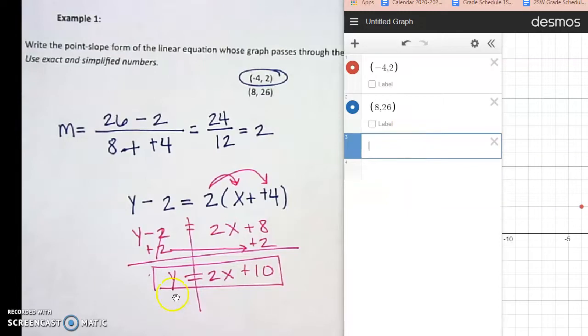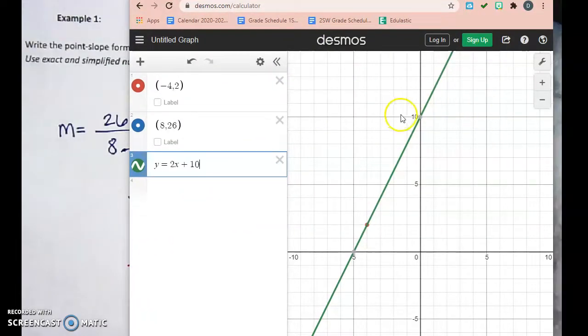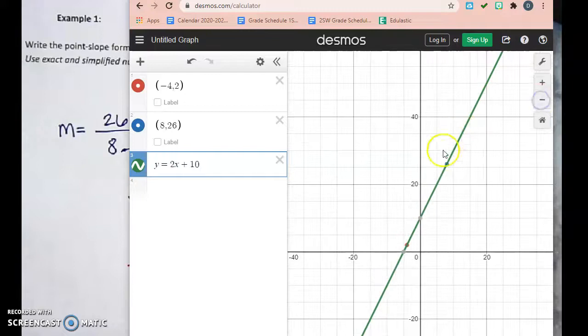And so now I'm going to write the equation that we got, which is y is equal to 2x plus 10. And I'm going to look at my graph that I got, and I can see that both points right there and right there made it onto the line. So I know that is correct.